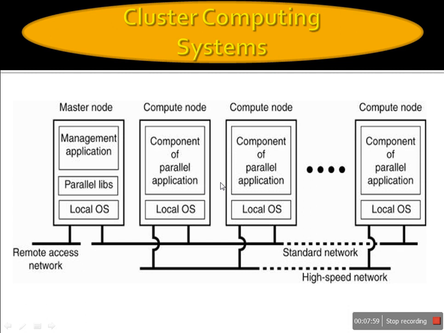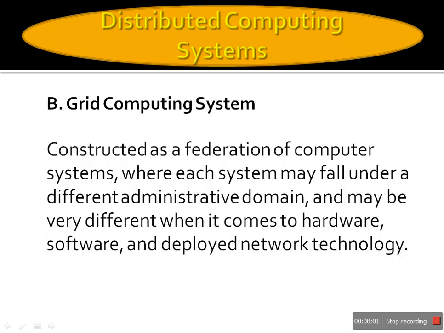Next, the second part of distributed computing system is the grid computing system. What is a grid? A characteristic feature of cluster computing is its homogeneity. In most cases, the computers in a cluster are largely the same.